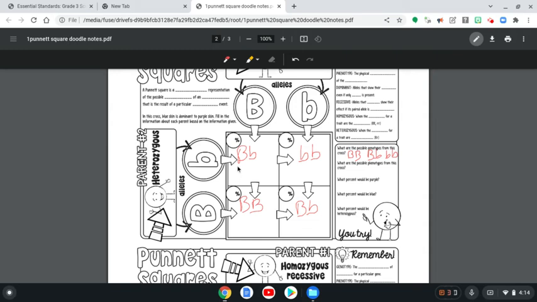Remember, if it has a dominant B, it is blue. We have one without. So we're going to have blue, and we're going to have purple.